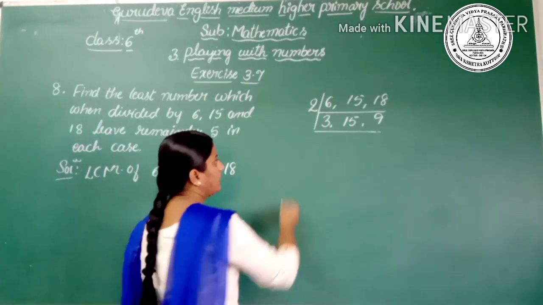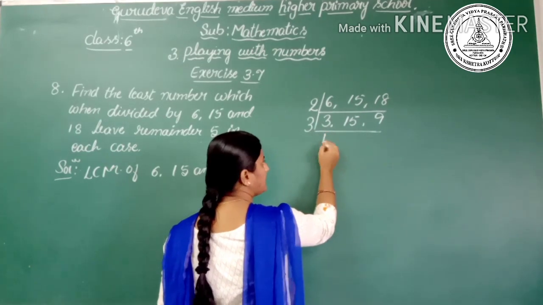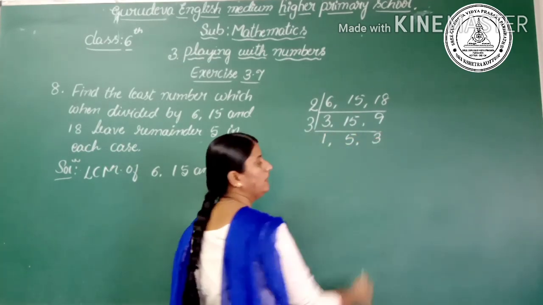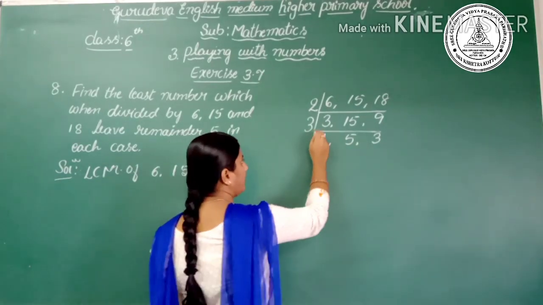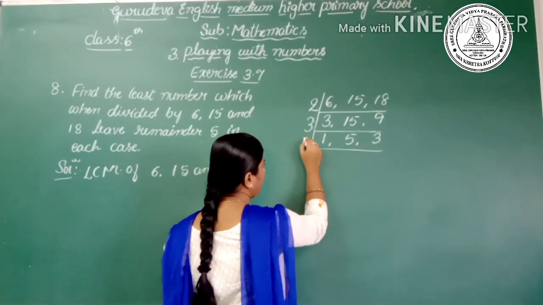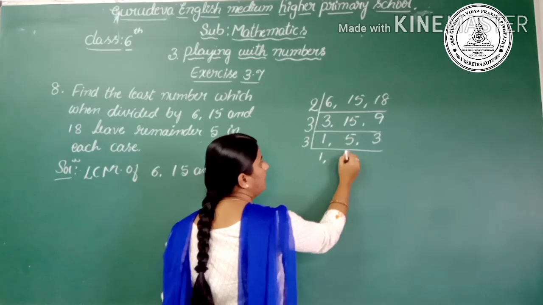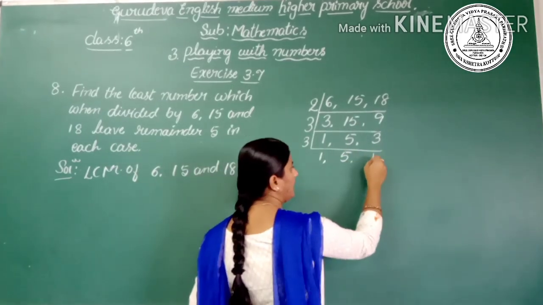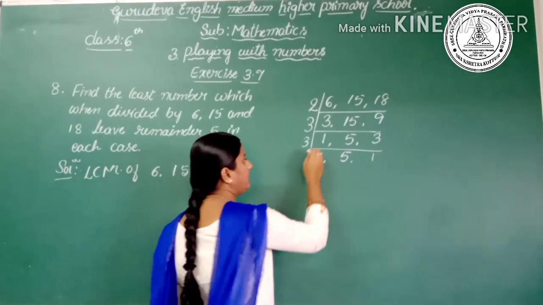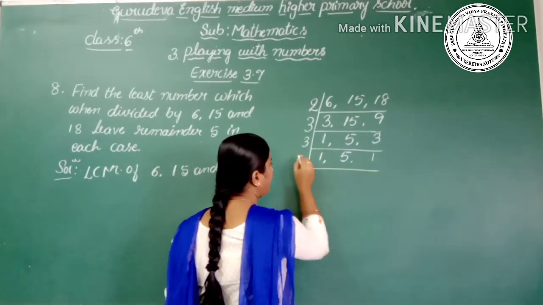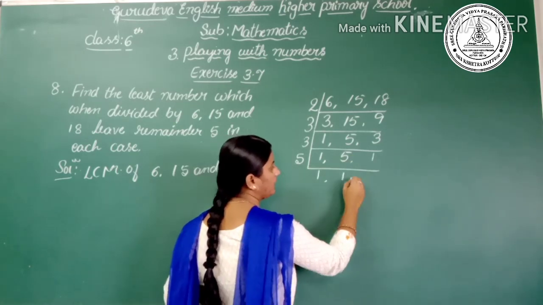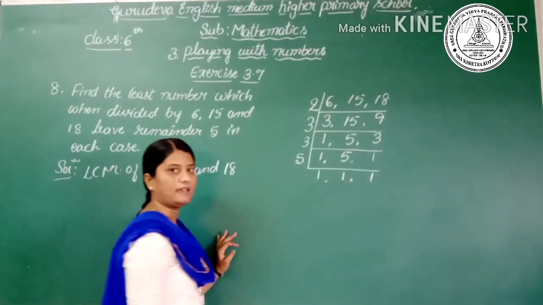Then take 3. 3 1s are 3. 3 5s are 15. Then 3 3s are 9. Then again divide by 3. 15 as it is because it is not divisible by 3. Then 3 1s are 3. Then divide by 5. 5 1s are 5, 1 as it is.